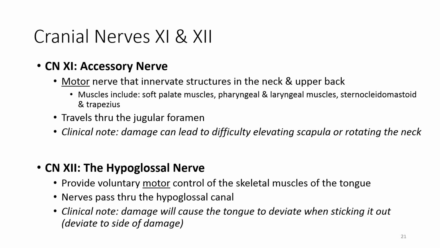So not really the ones that are involved in the reflex swallowing, but ones that you can control by thinking about them. These nerves are going to pass through what's called the hypoglossal canal, which means like under tongue canal. And if you damage this, it's going to cause your tongue to deviate, which means that it's going to stick out on the side where there's damage.